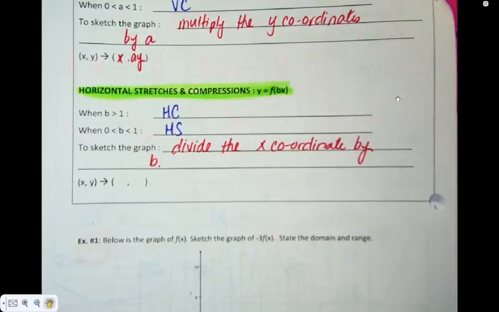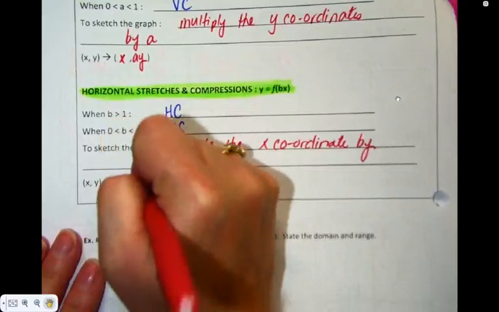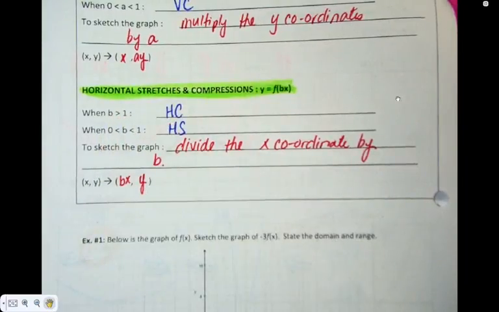The mapping (x, y) goes to (x/b, y). Divide the x by b, don't touch the y value.